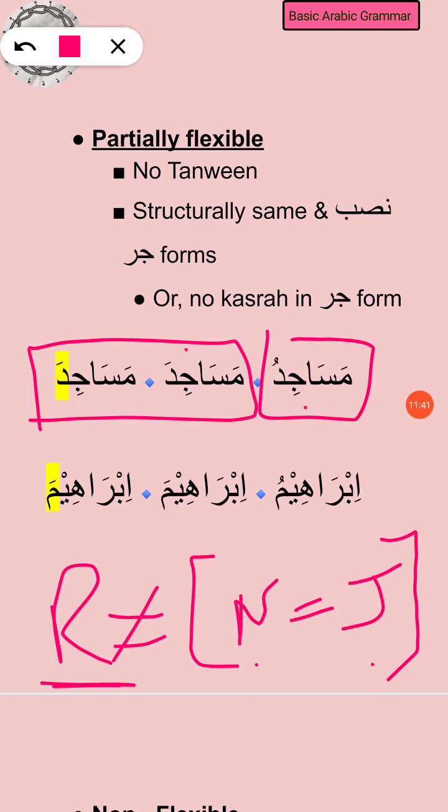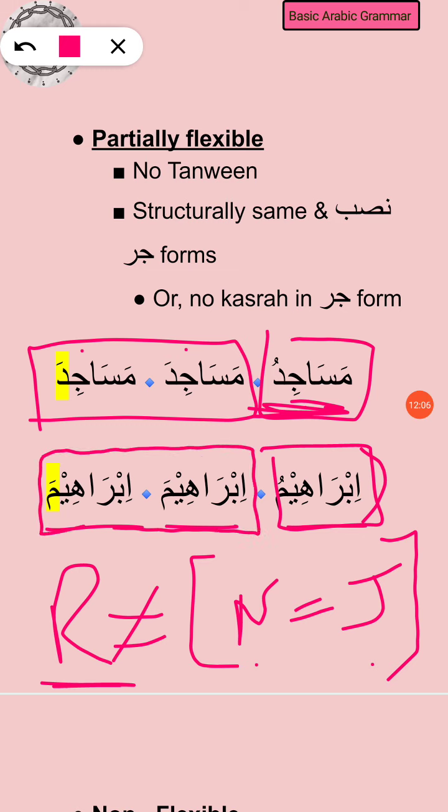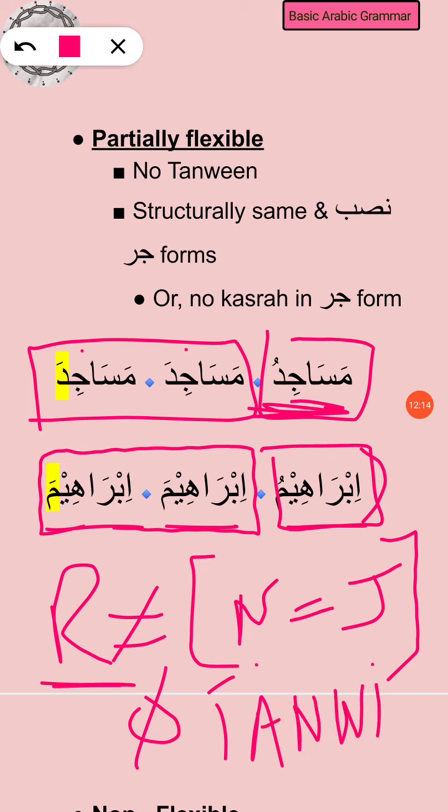Therefore nasab and jar forms are similar to each other, but rafa form is different. Second example is Ibrahimu alayhi salatu wasalam. We have Ibrahimu, Ibrahima, Ibrahima. Once again, Ibrahimu, rafa, is a separate block, then Ibrahima and Ibrahima, nasab and jar, a separate block. Therefore, no tanween, and this equation of ours that rafa is not equal to nasab and jar. Done.